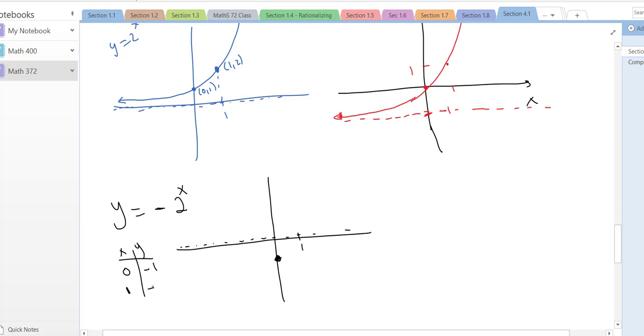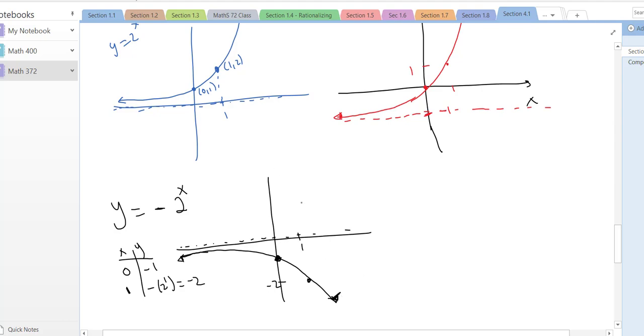When x is 1, you're going to get negative 2 to the 1, which is negative 2. So it's going to be down here. You're essentially just flipping the graph. So this will be negative 2 to the x.